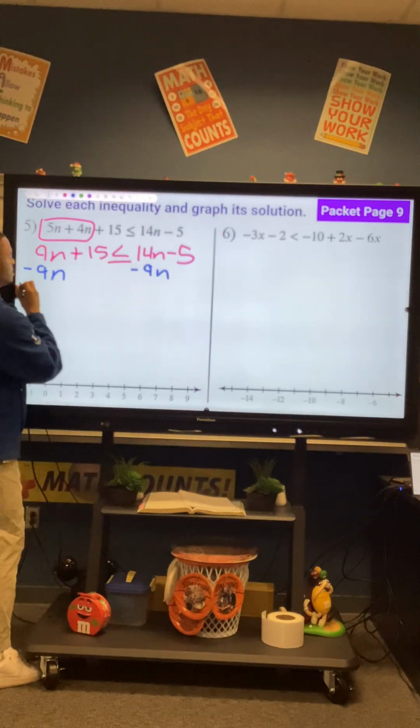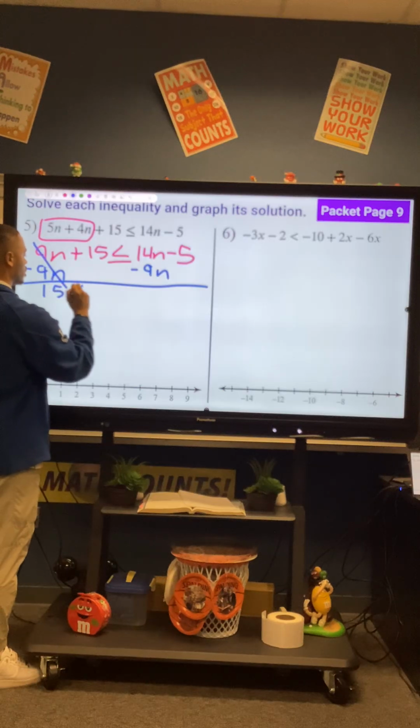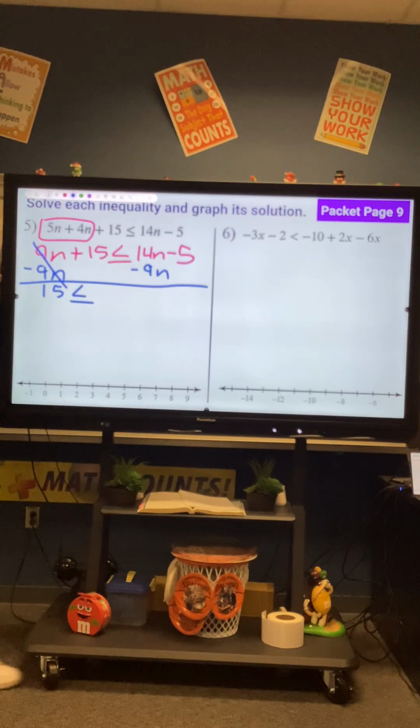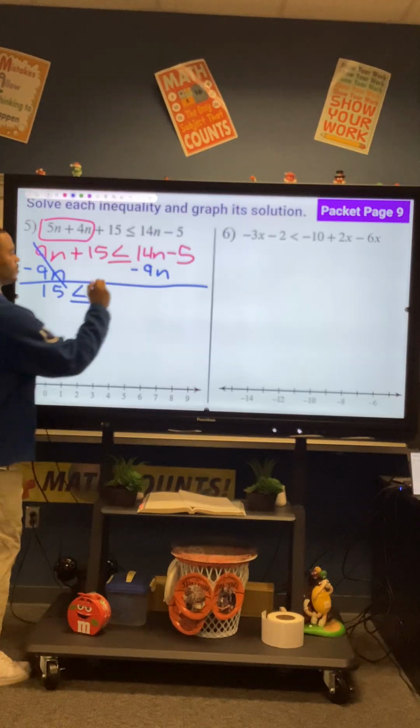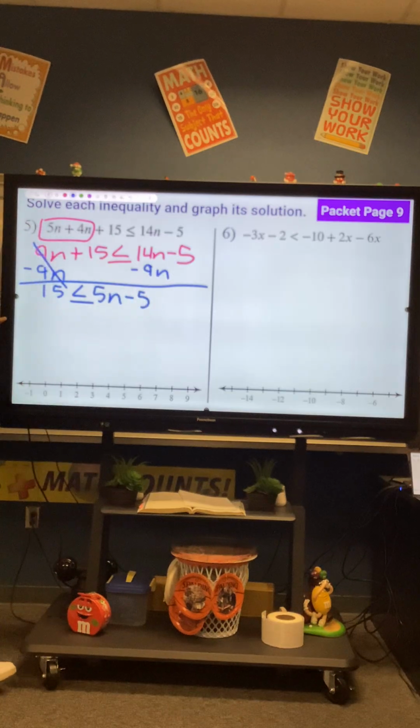I like that because that'll show a step different from last period. 14 minus 9 is? Is that a 9? Yeah, that's a 9. You wanna try again? So what do I do now?